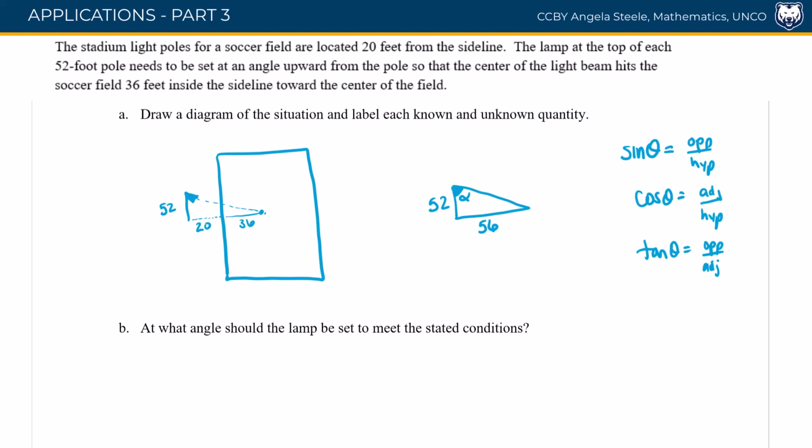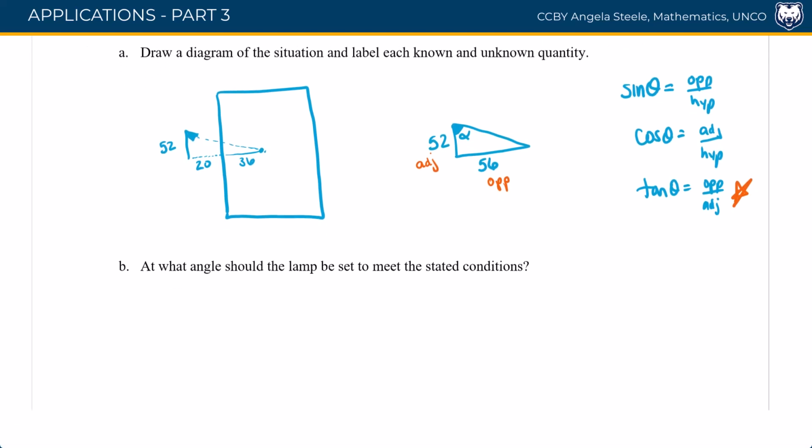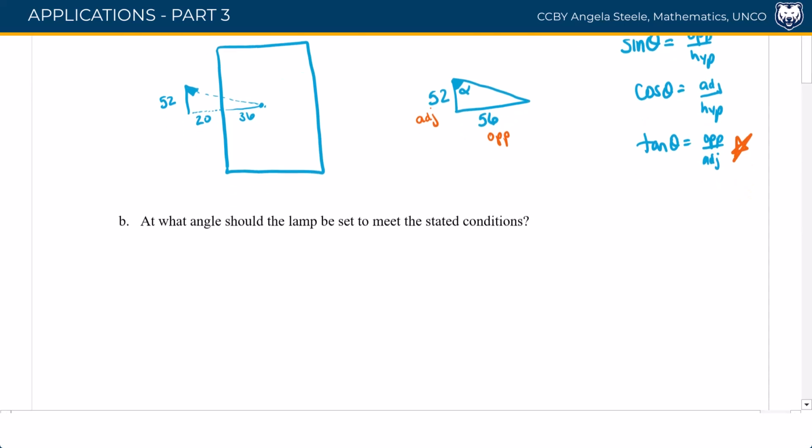So our alpha angle is the angle we're looking at, which means that 52 is going to be the adjacent side to that angle, and then the 56 is going to be the opposite side to that angle. And so when we look at our functions here, sine, cosine, and tangent, you will see that tangent is the one that uses the opposite and the adjacent. So that means we're going to be using the tangent function for this problem.